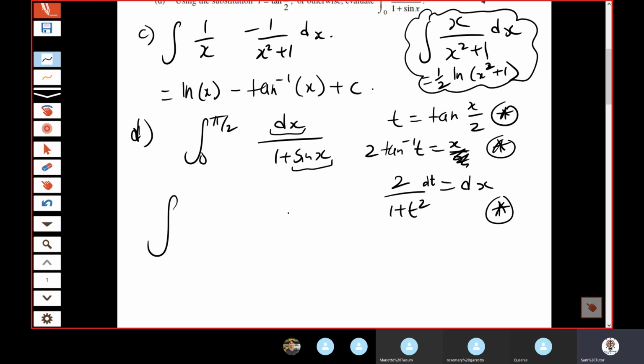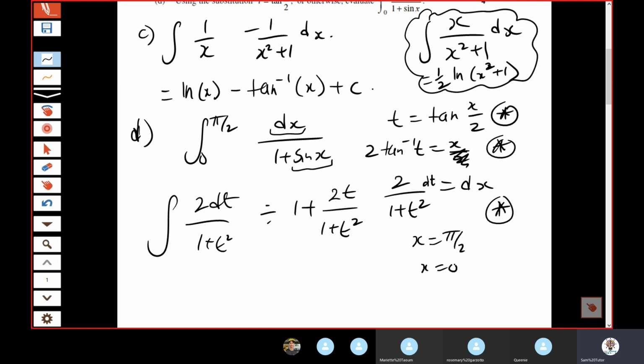Next, dx. I haven't changed my limits yet, but dx is 2 dt on 1 plus t squared. Divide 1 plus sine. I'm sure we've memorized our triangles, so that should be opposite over hypotenuse. The only thing I need to do is when x equals pi on 2, and x equals 0, I have to actually find t. So t equals tan 90 on 2, which is tan 45, that's 1. Tan 0 is 0.